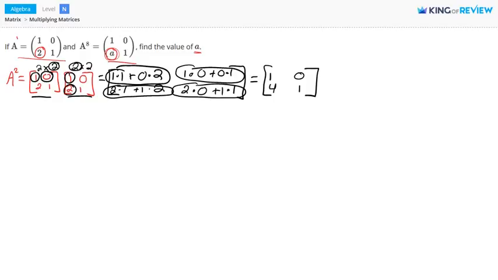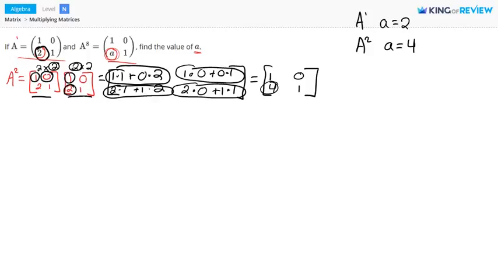So let's look at the a value, the lower left-hand entry, on A squared. Well, that's a 4. So let's start to keep a list here. If we have A to the first, the a value was equal to 2. And we just solved for A squared, so the a value here was 4.